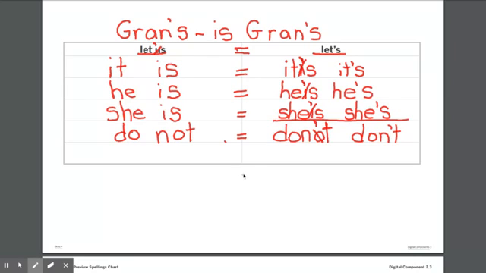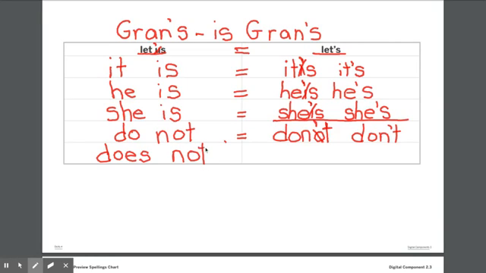Nice job. We're going to do one more. Let's do does not. Does is one of our new tricky words. Does. Looks like does, doesn't it? That's why it's a tricky word. Doesn't look like do's. Definitely doesn't look like does. Does not. He does not like spinach.